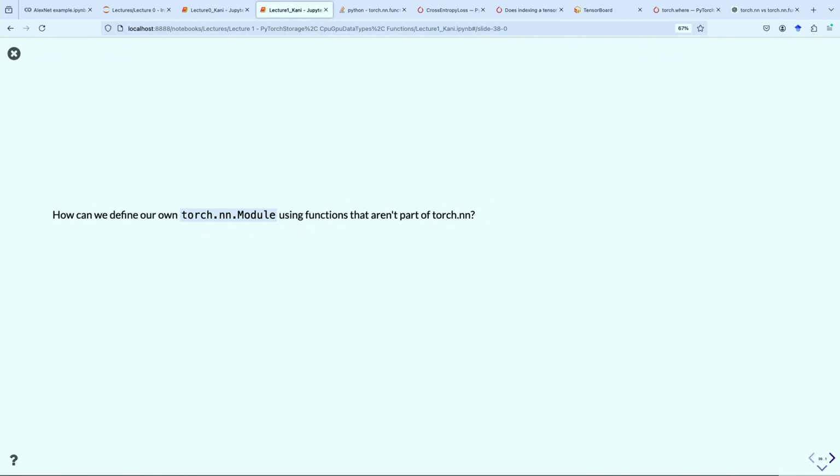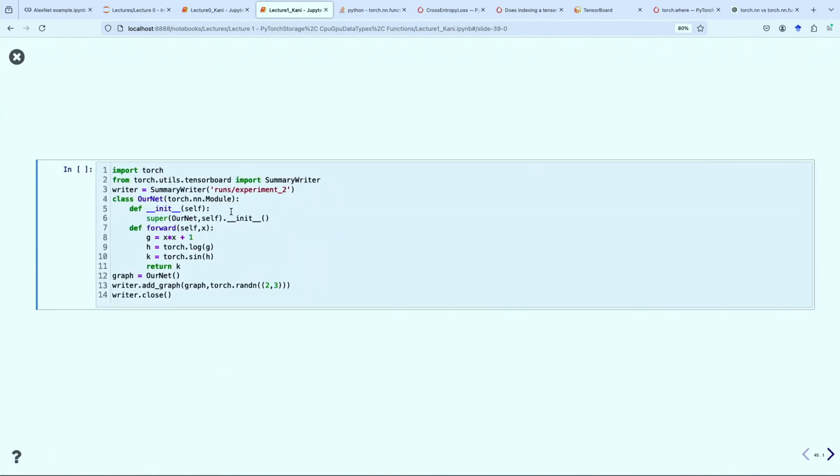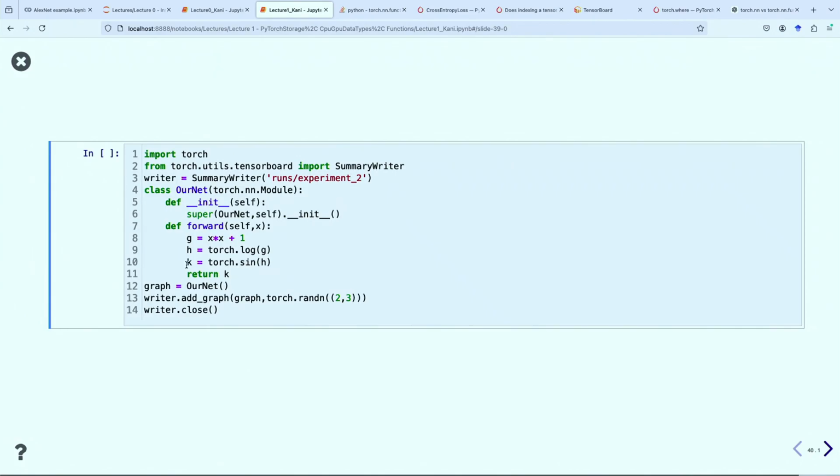Also, one last thing to note is that you could define a new module using functions that aren't part of Torch. The whole point of Torch is simply that you could use any activation function.